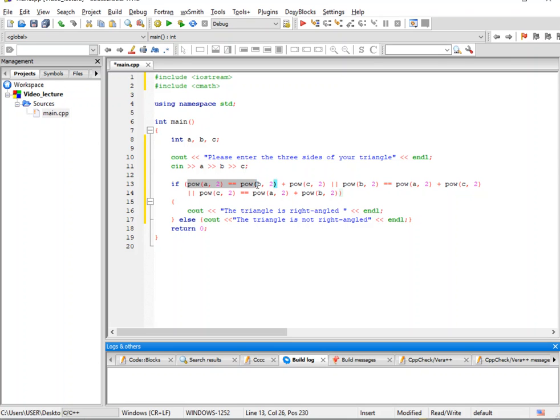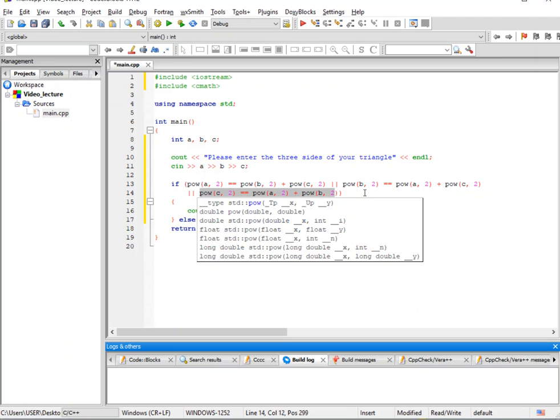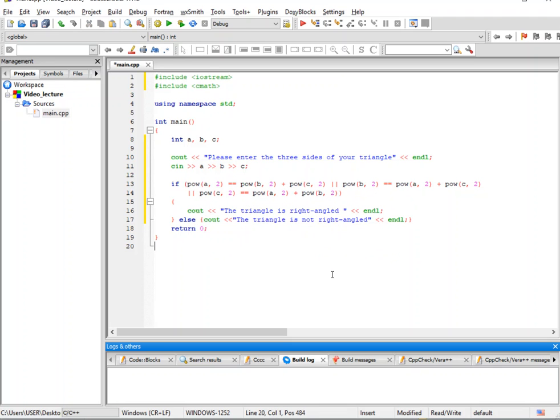Take this. If A squared is equal to B squared plus C squared, it is. If B squared is equal to A squared plus C squared, it is. Or if C squared is equal to A squared plus B squared, it is a right angled triangle. Else we should cout that the triangle is not right angled.